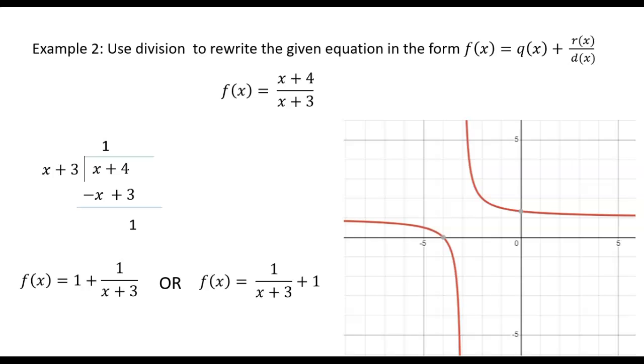Sketching the graph, we'll have the vertical asymptote at x equals negative 3 and the horizontal asymptote at y equals positive 1.